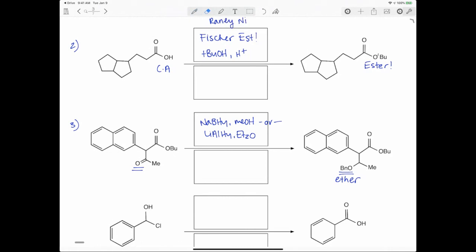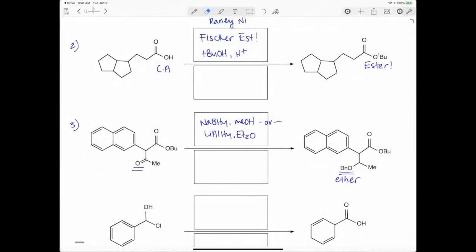What would happen? Yeah, it would reduce both, right, into the primary alcohol, so that's wrong.